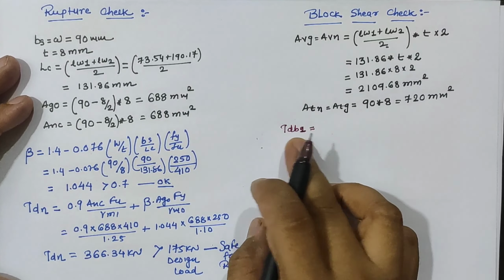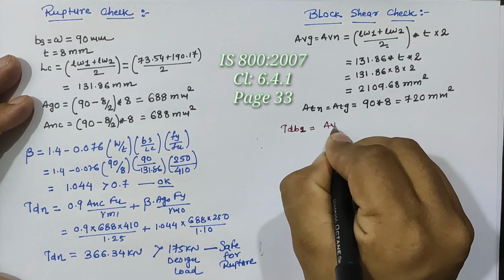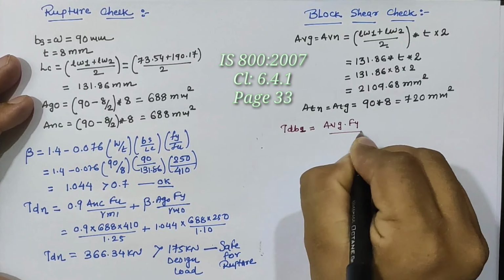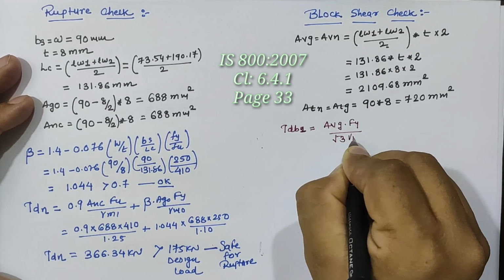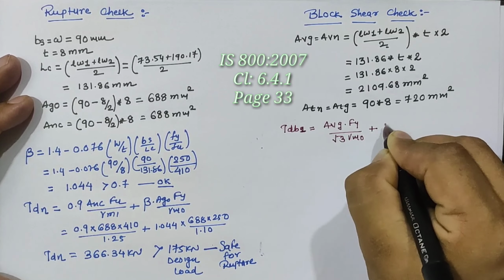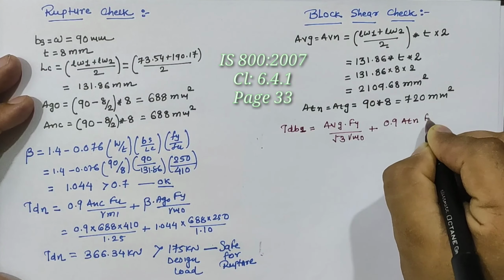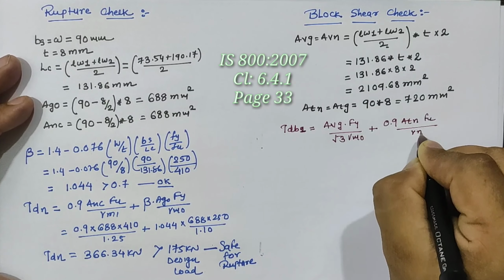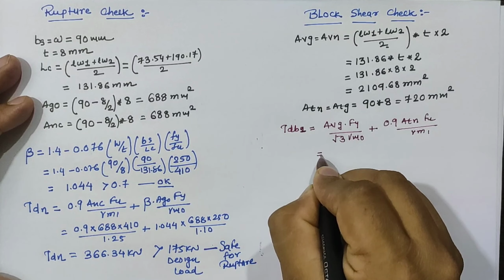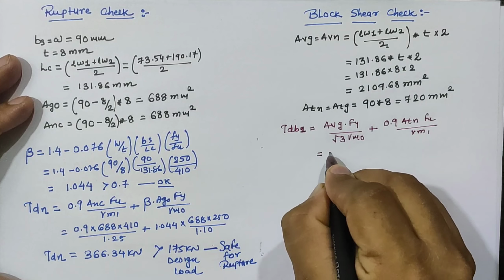For block shear, Tdb equation is given as Avg Fy by root 3 gamma m0 plus 0.9 Atn Fu by gamma m1. So let us put all the values.